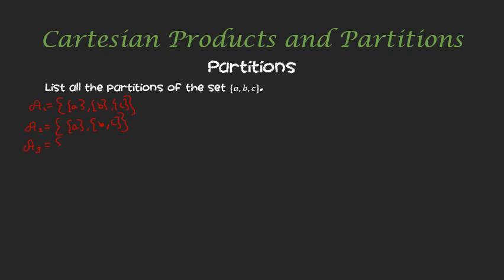A3, maybe you can see where I'm going with this now. Why don't I stick A and B together and then put C by itself? Yeah, that will work. And going off of that theme, what if I stick A and C together and leave B by itself?